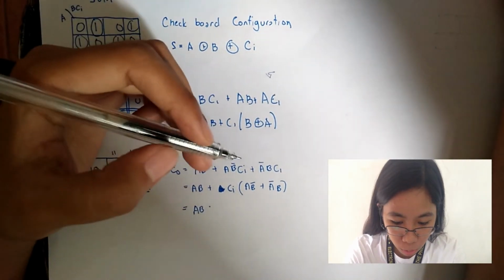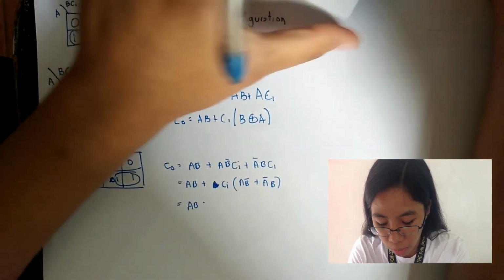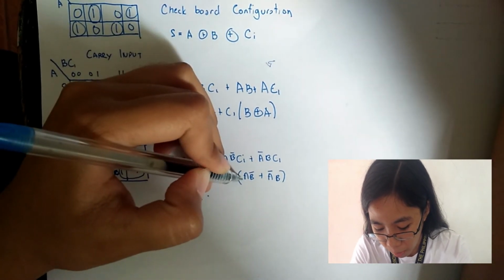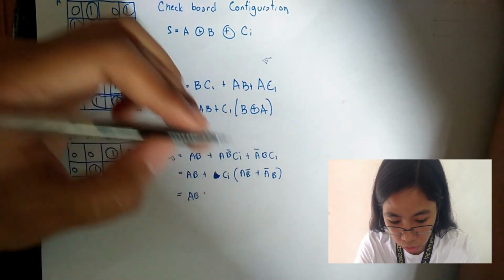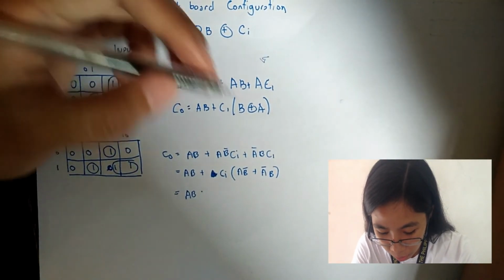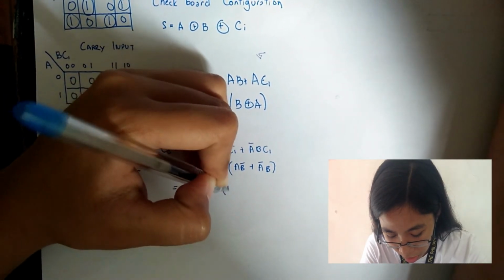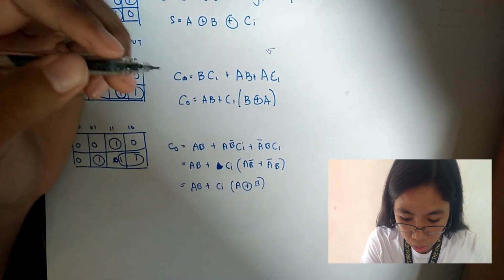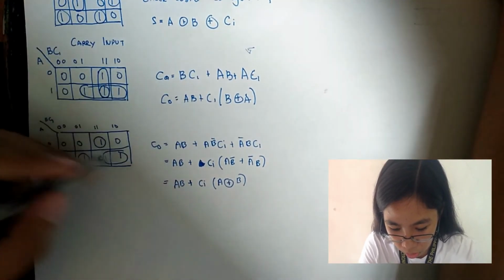The next thing I can do is to take something common: AB plus CI times (A B bar plus A bar B). So we will have the result AB plus CI times (A XOR B). This is how the carry output is represented in two ways.